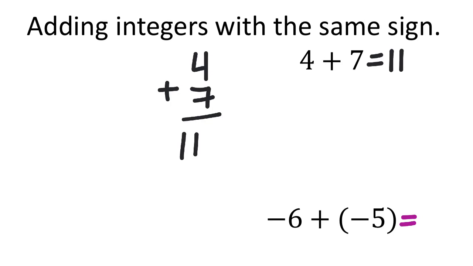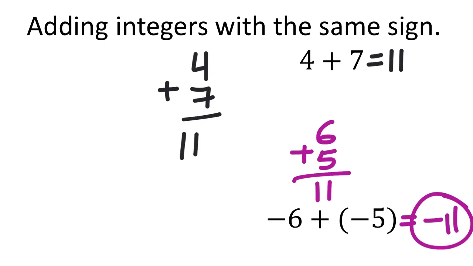When we look at problems like this one with negatives being added together, if it's only negatives, the numbers are going to stay negative. They're just going to become more and more negative. So from that, I can know that my answer is negative. And since it's becoming more negative, I'm just going to add the negatives together, 6 plus 5, which is in this case 11. But again, I keep the negative as part of the answer on that one.